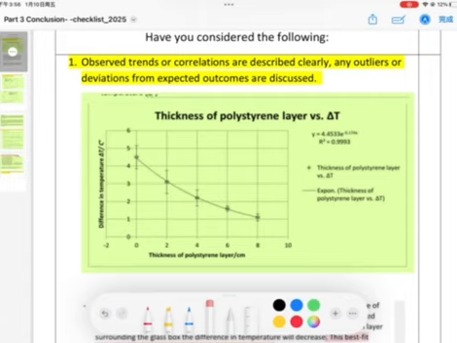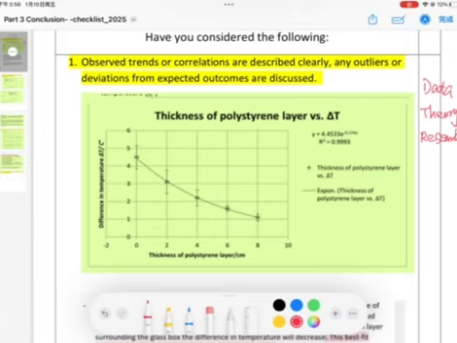You are expected to use your data, your theory, and your research.